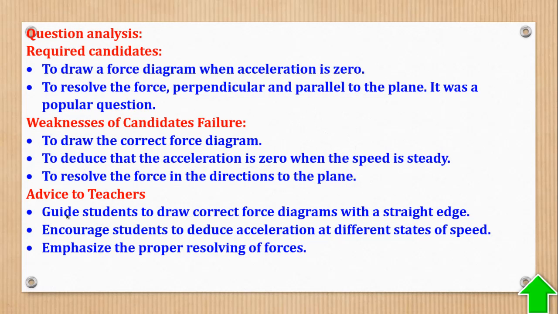So I advise that teachers should guide students to draw the correct force diagram with a straight edge, meaning you must have a ruler. Encourage students to deduce acceleration at different stages of speed, and emphasize the proper resolving of forces.